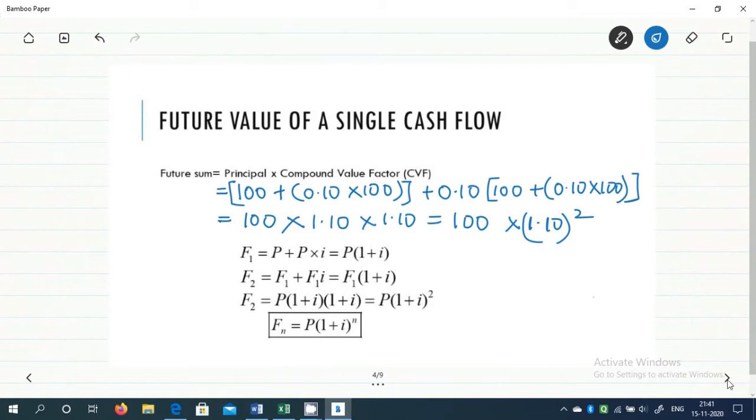This way I can find the value for the nth year. Suppose I want the future value for the 5th year, with an amount of 100 and 10% rate of interest for 5 years. I'll write it here, and whatever amount comes becomes the future value of a single cash flow for 5 years.